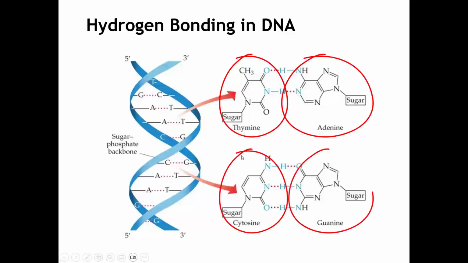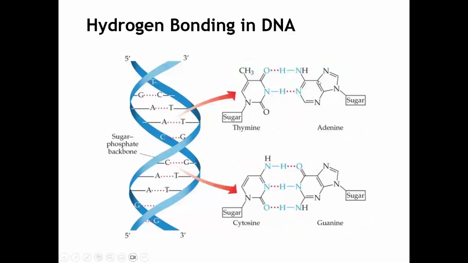And here we're seeing the actual atomic structure of the base pair. And what you can see is that the thymine and the adenine are complementary in such a way that we can form 2 hydrogen bonds between these base pairs. Whereas the cytosine and the guanine can actually form 3 hydrogen bonds with the other base that makes a pair.